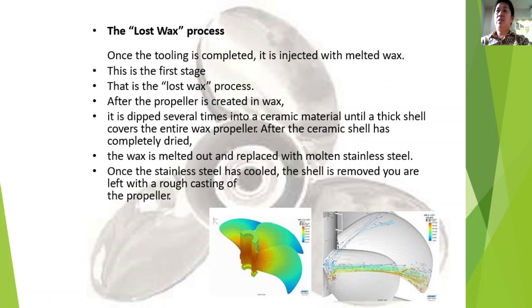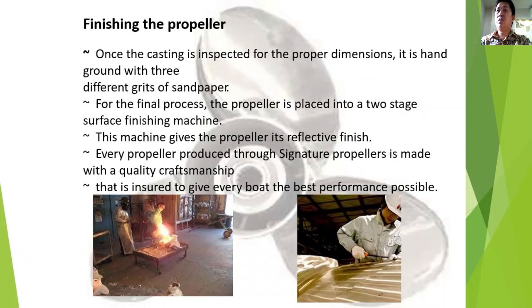After the ceramic shell has completely dried, the wax is melted out and replaced with molten stainless steel. Once the stainless steel has cooled, the shell is removed, so you are left with a rough casting of the propeller. So that is your propeller from the lost wax process.